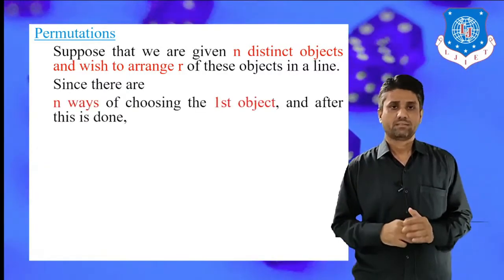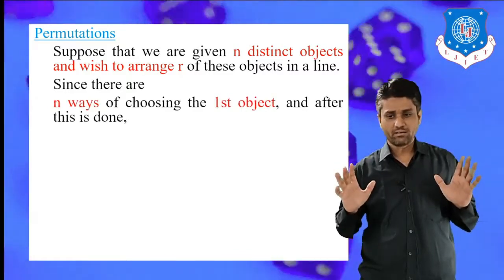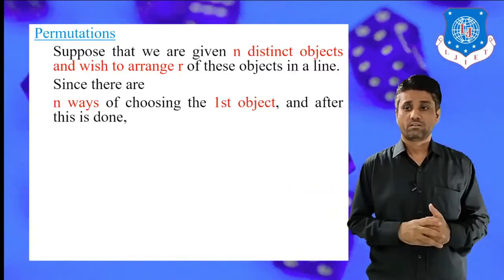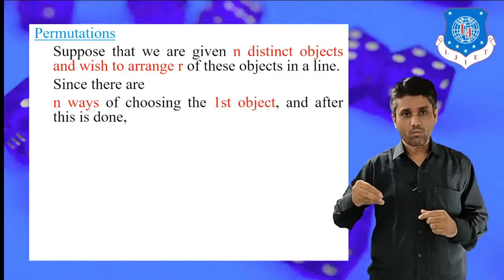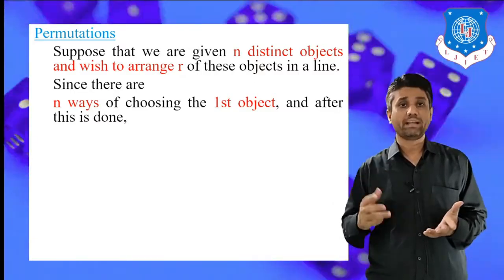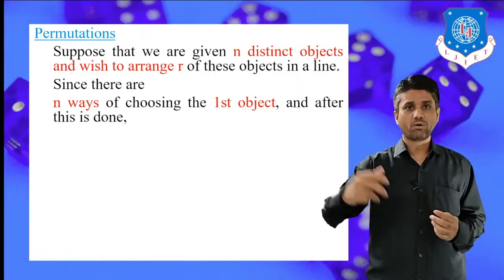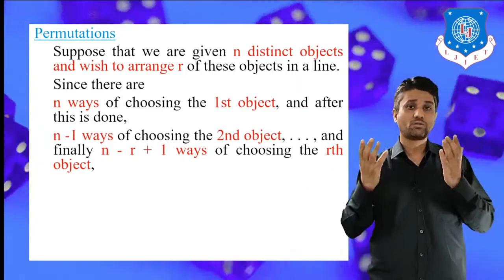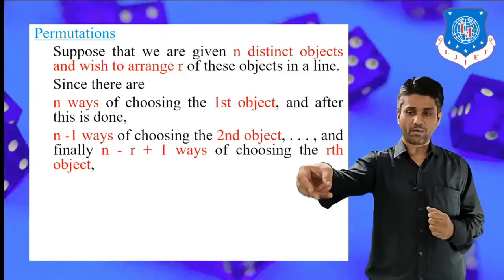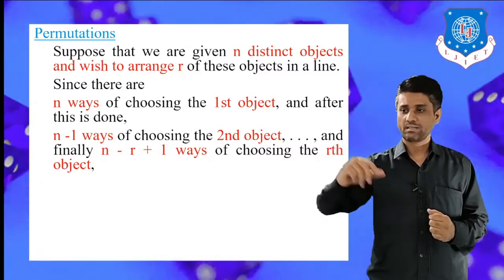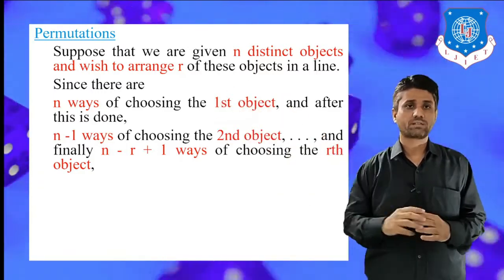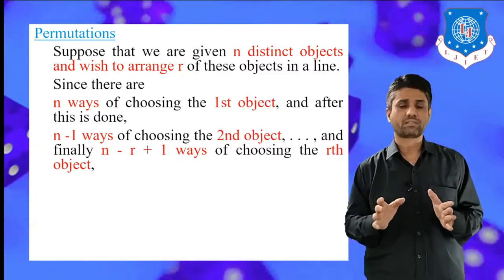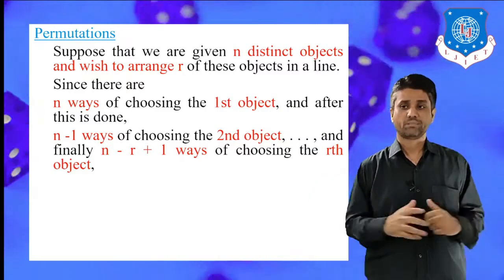Since there are n different objects, we discuss them one by one. What is the possibility of selecting the first object? As there are a total of n objects, you can pick the first, second, third, or in general any of the n objects. So for selecting the first object you have n possibilities.